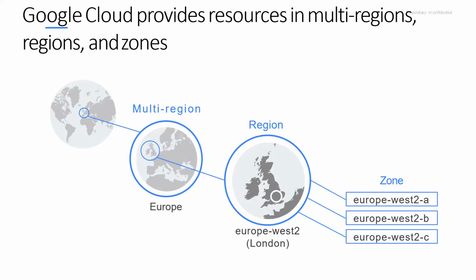A simple example is, we have a multi-region called India, which has been divided into regions, like we call them states, and each state is further divided into cities. So in each city, we have particular zones wherein all the computing resources that are needed are available.